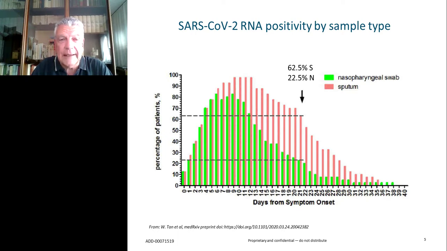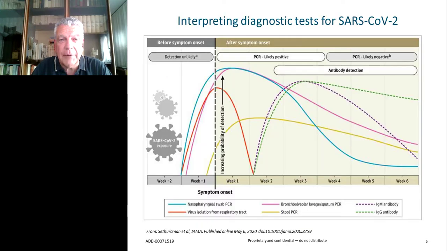This was already well described by a review paper that appeared recently in JAMA, in which the authors pointed out 2 relevant things that we may note on this summary slide. First, the infectivity starts earlier than symptoms.